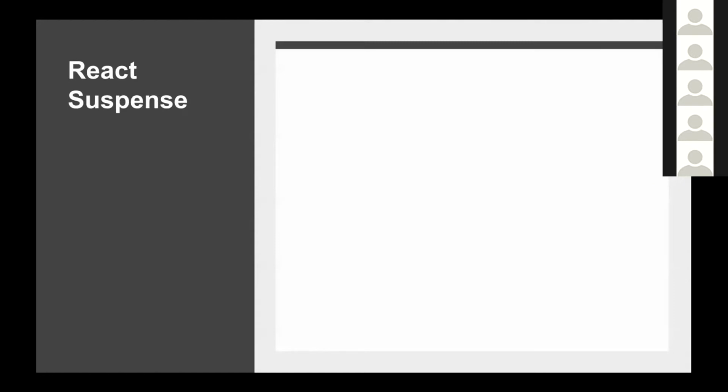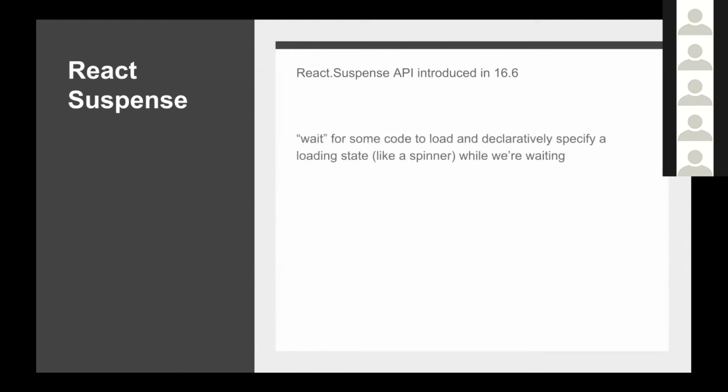So, getting into React Suspense. This was actually introduced in 16.6. As a reference point, 16.8 came out last February, and that's the one that had hooks. So React Suspense has actually been around for a little while now. What it does is it allows you to "wait" for some code to load, and you can specify a loading state that you can fall back to while you're waiting.